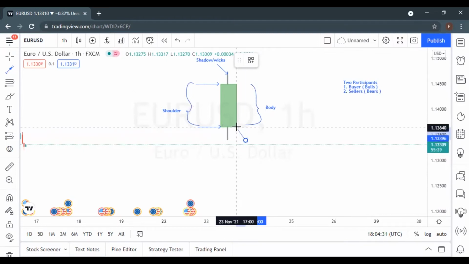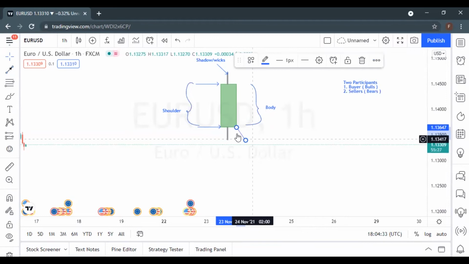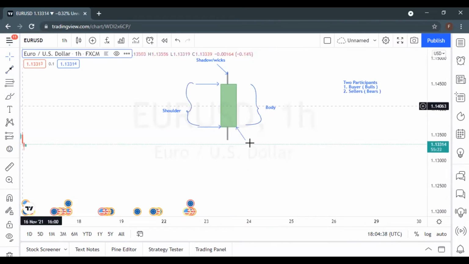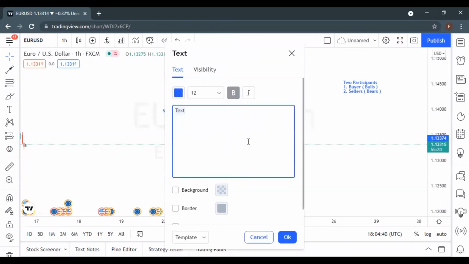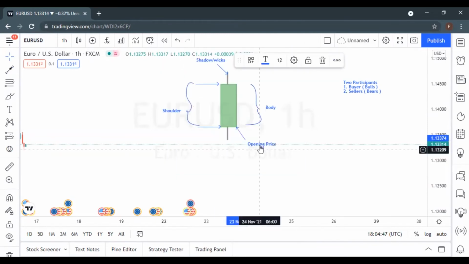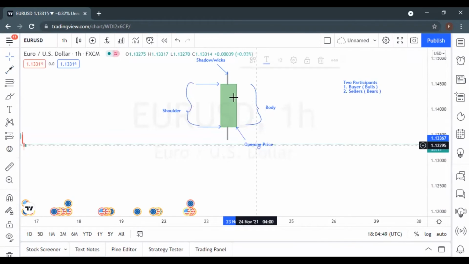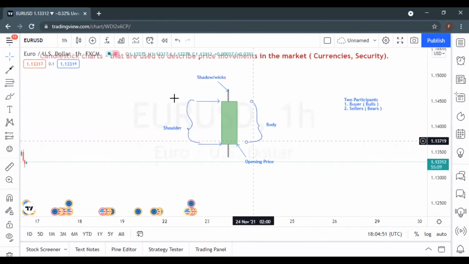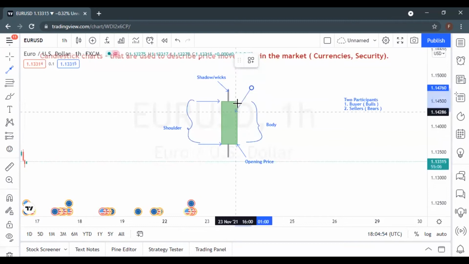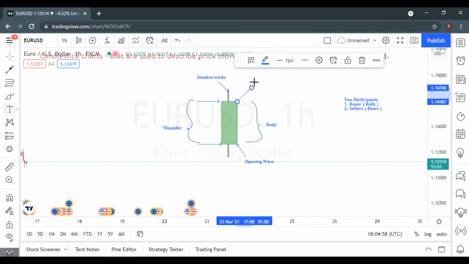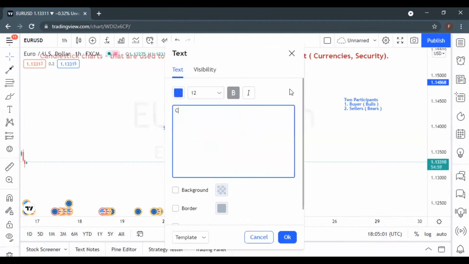If the bulls are responsible for this candlestick, this is going to be our opening price, and if the sellers, this will be our opening price, and this will be our closing price. This one, the upper shoulder, is going to be the closing of the market.